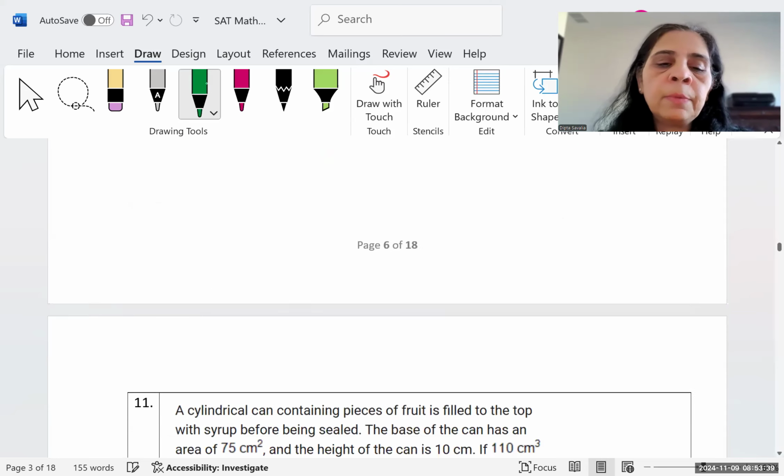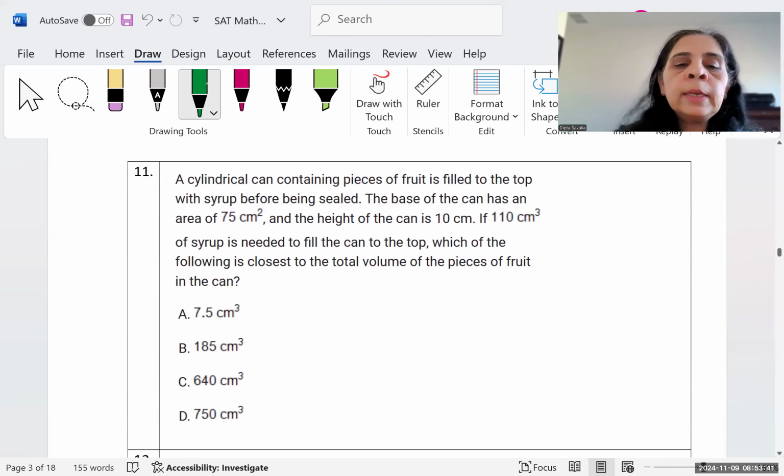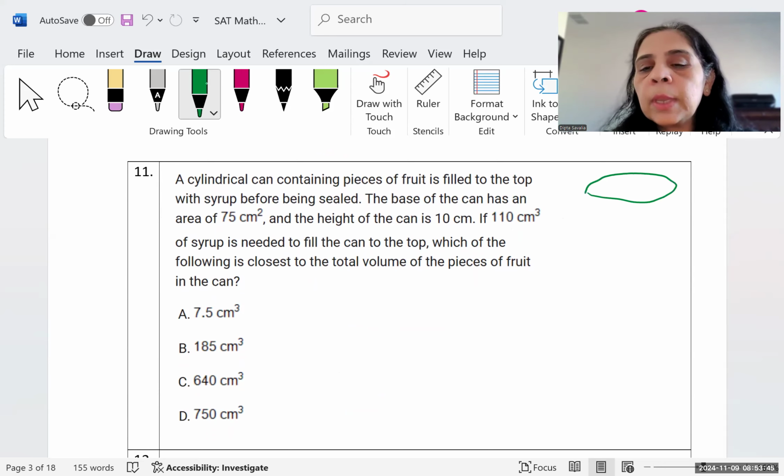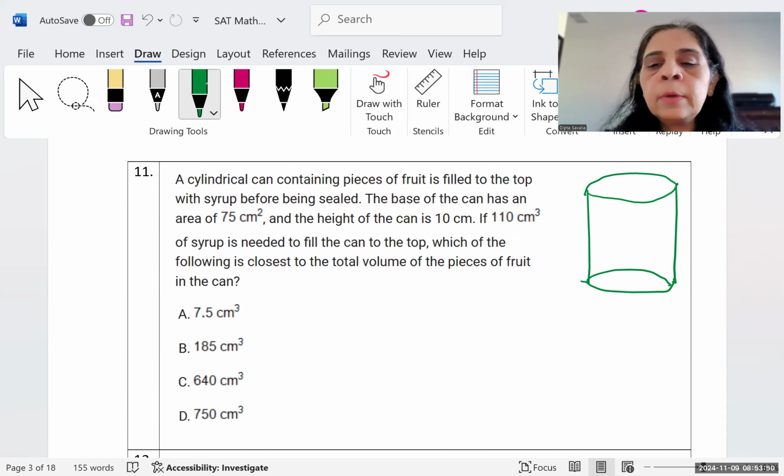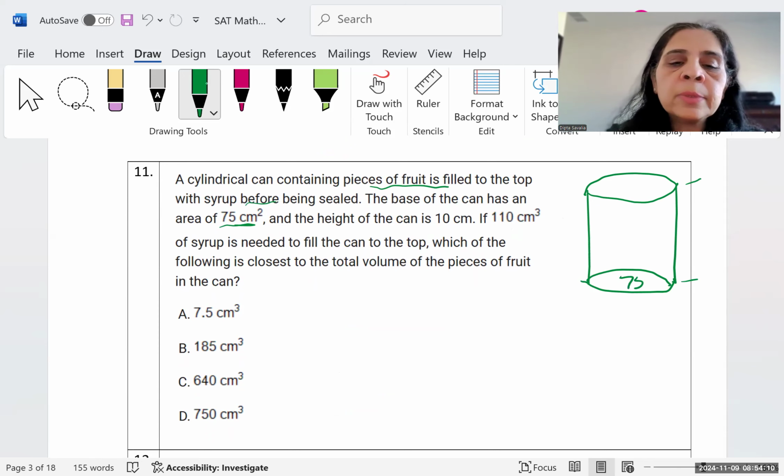Let's see number 11. A cylindrical can containing pieces of fruit. So we have a cylindrical can. Let's see, we can draw. That is a cylinder. I'm not a good drawer. It says the can containing pieces of fruit is filled to the top with syrup before being sealed. The base area of the can is 75 centimeter square.